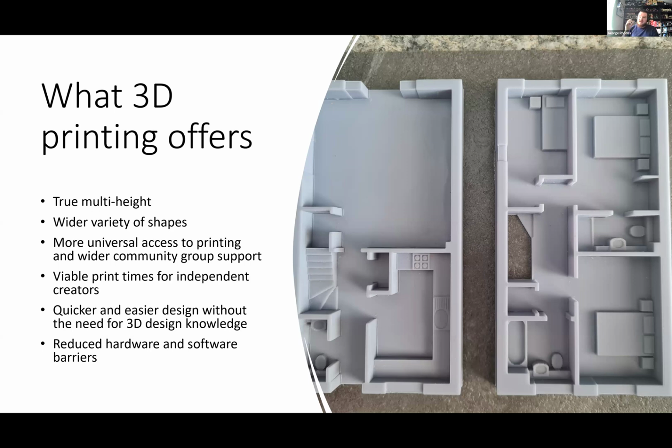So this is a floor plan for a house that I randomly picked off of Rightmove at some point, just as an example. So I don't know whose house this is, but they now have a tactile version of it somewhere. And as you can see, we can start to get really useful detail that very iconically represents that space.